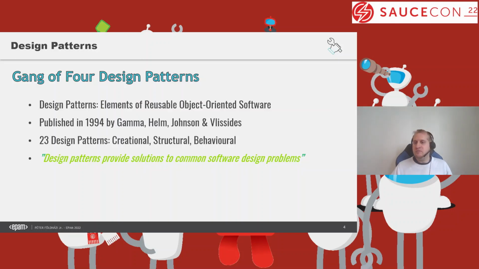I don't think we need to know all of these 23 different design patterns, but it's really useful to get accustomed with some of them and start using them in our projects, because they definitely are helpful in improving our code, making it cleaner and more maintainable, and so on.